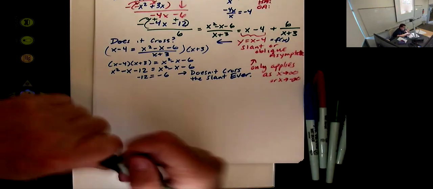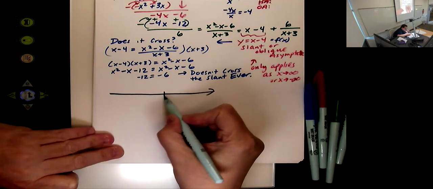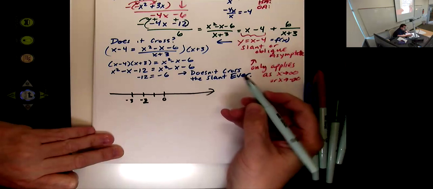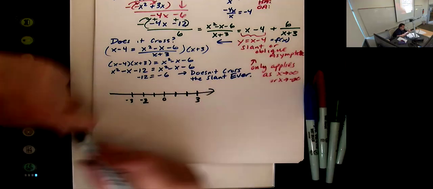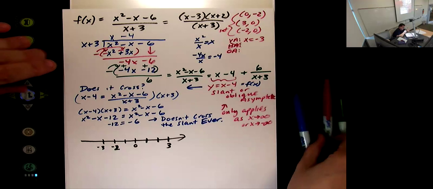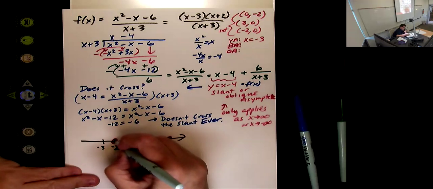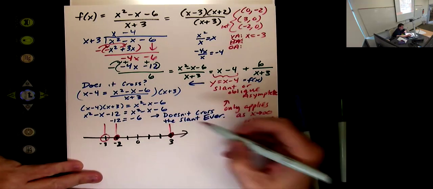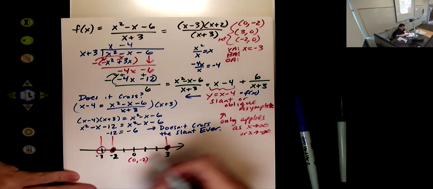We'll make a little sign chart real quick. And +3. This is a solid point. That's a solid point. That's a hollow point. I know (0, -2) is a point, so this region is negative.